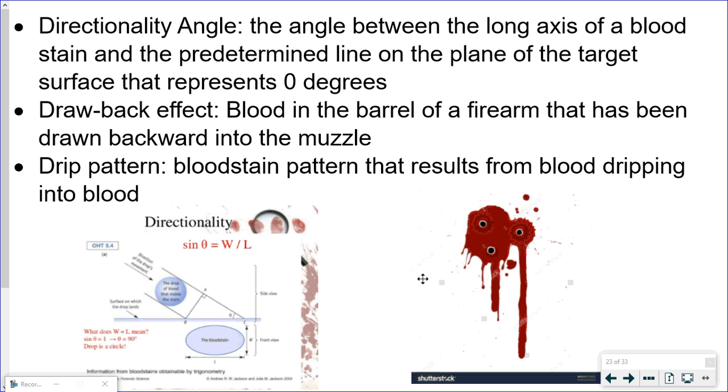We also have drip patterns. These are patterns resulting from blood dripping into blood. So here we have a drip pattern, and you can almost tell which blood drop came first by their interactions. The one that tends to be most spread out is the one on the bottom.